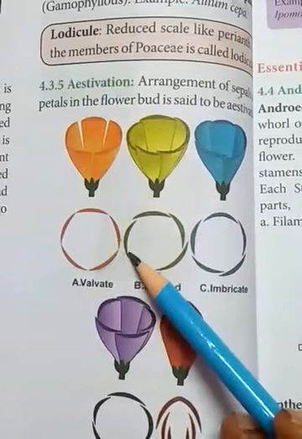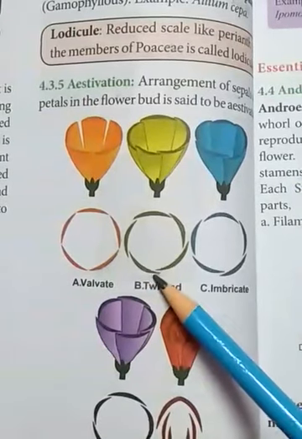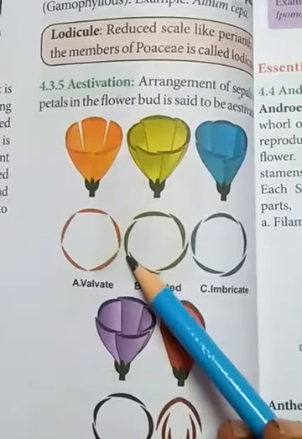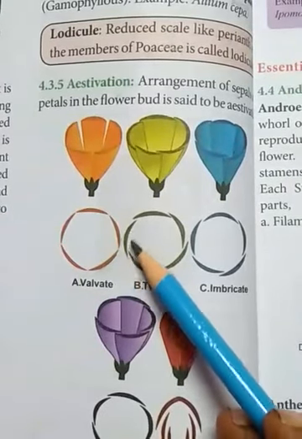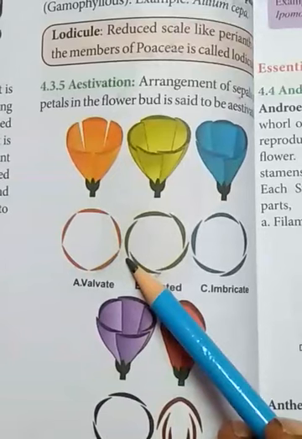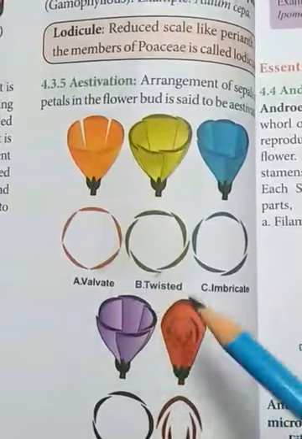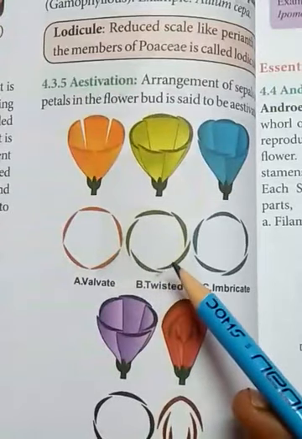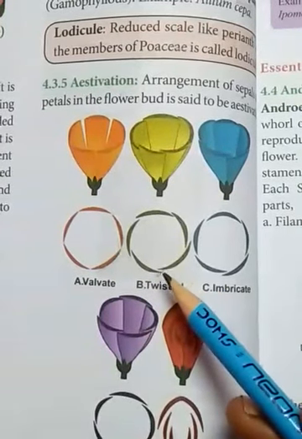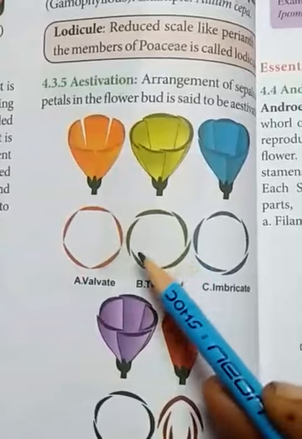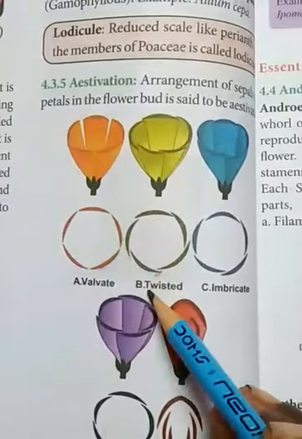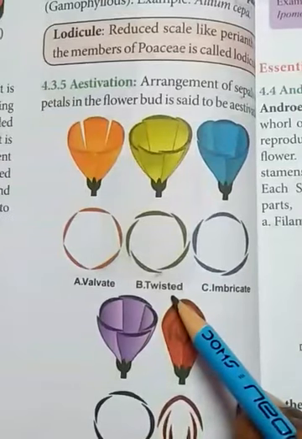This end of this sepal we will call overlapping, and this end of the other sepal we will say is overlapped, covered by another sepal or petal. When the margins of the sepals and petals are arranged like this, we'll call it twisted aestivation.